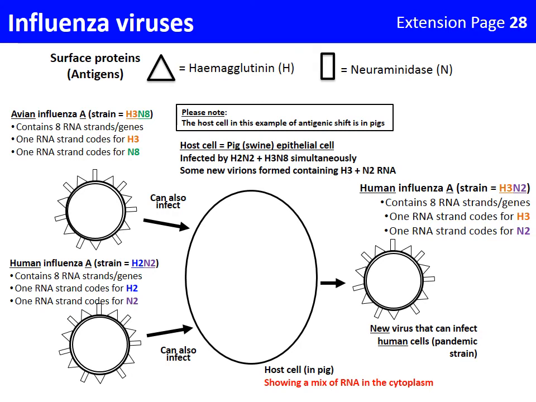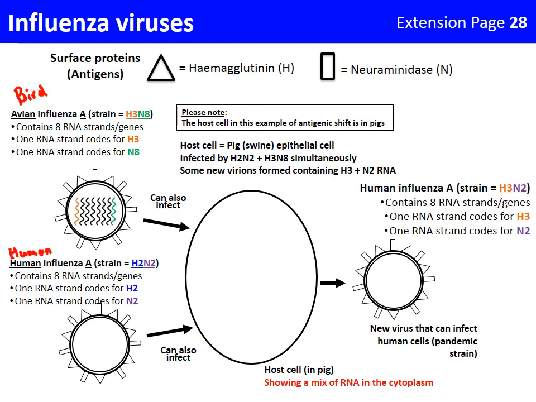Now, antigenic shift occurs when a host cell, epithelial cell, gets infected with two different types of influenza virus at the same time. So imagine we had, for example, avian flu virus. So avian just means bird. So these bird influenza viruses, like H3N8. And at the bottom, we've also got human influenza virus.